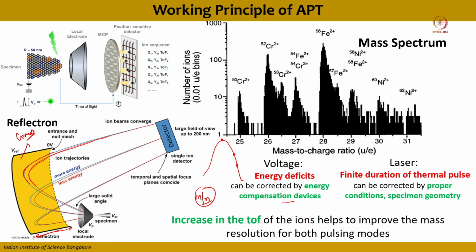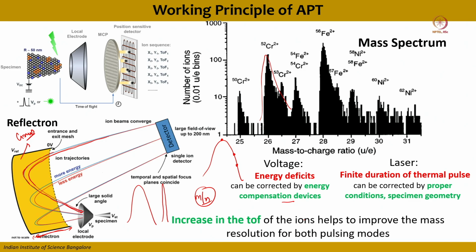So overall both ions will reach nearly the same position. Your mass spectrum, which is thick, will become much thinner. So your mass resolution improves by using the reflectron.